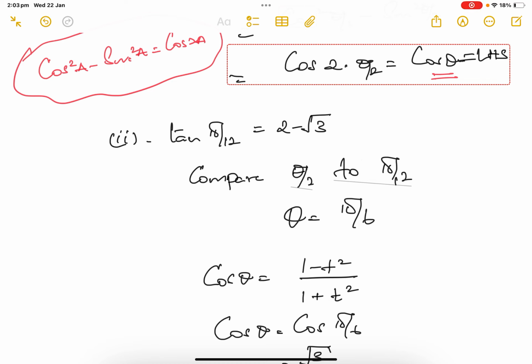So if we compare pi by 12 to theta by 2, then theta is pi by 6.